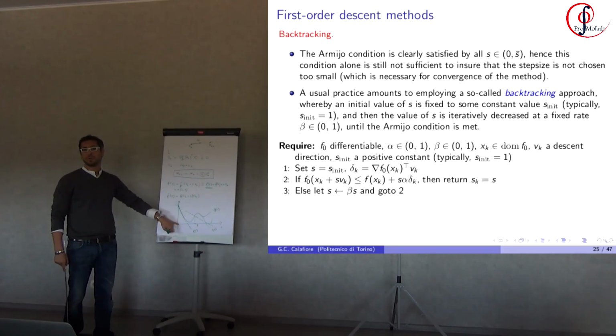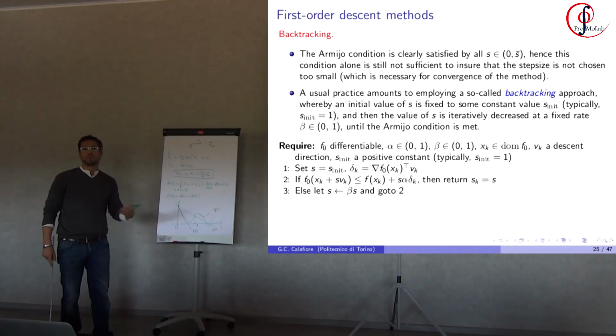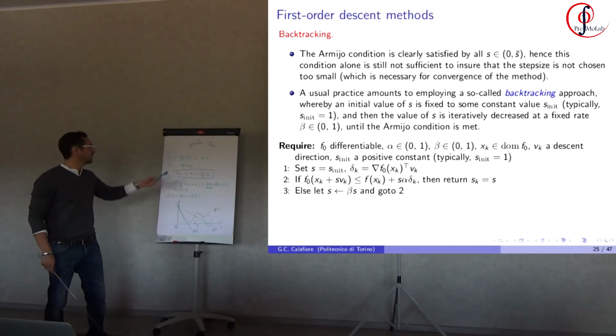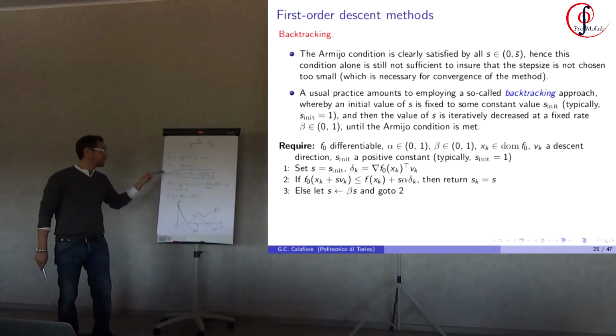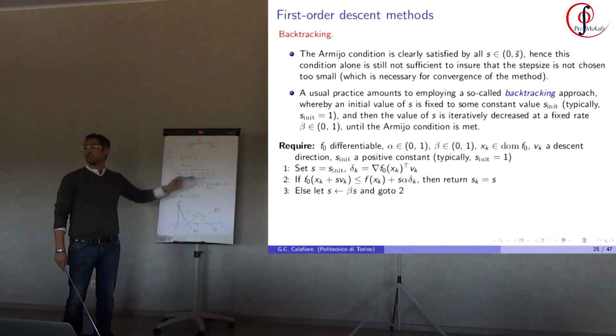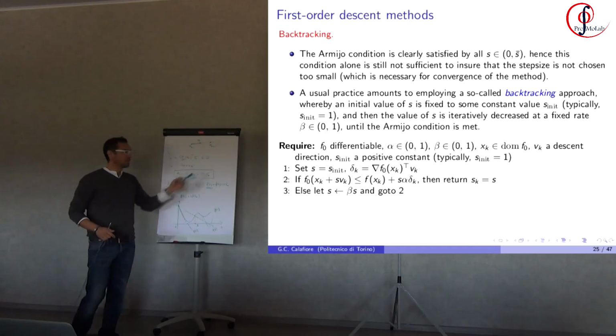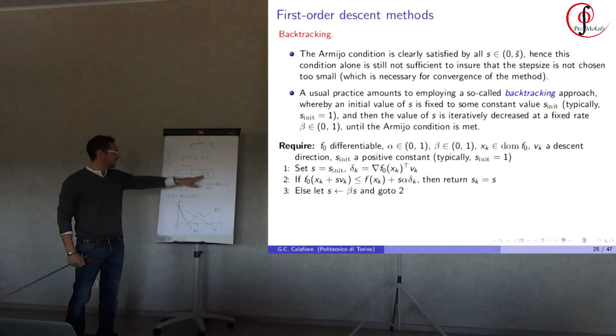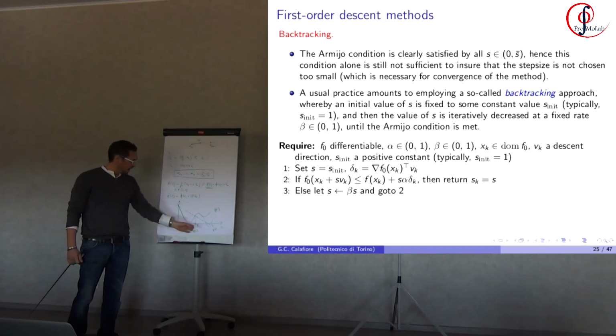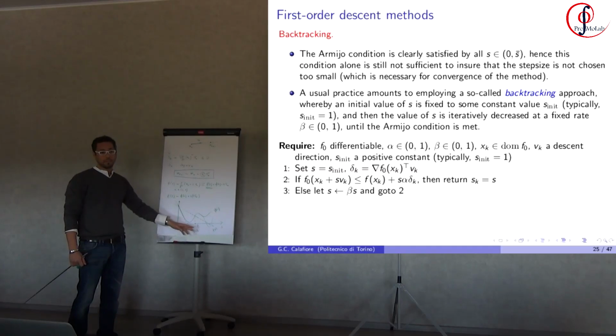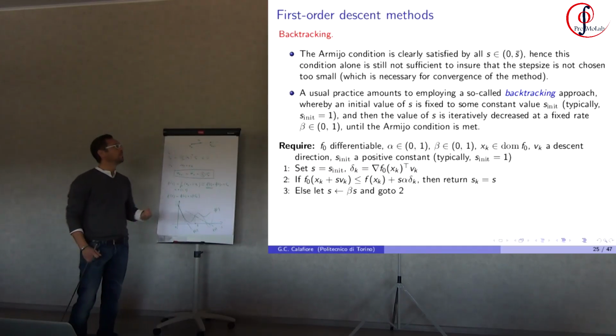We don't want the step size to be too small for almost evident reasons: if the step size is very, very small, we proceed very slowly to the optimum, or maybe we may not even converge if s is not guaranteed to be large enough. So we have actually two problems. The step size has to be less than or equal to s bar in order to satisfy the Armijo condition, but the step size also should not be too small.